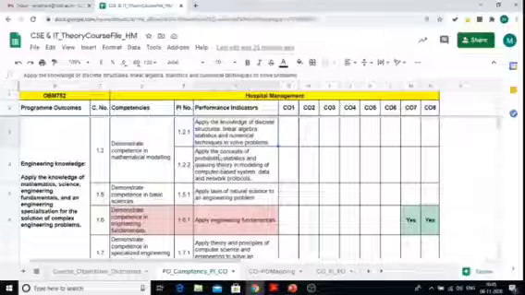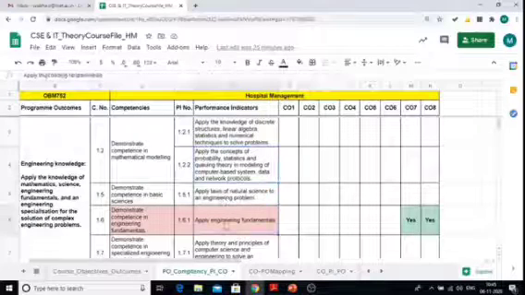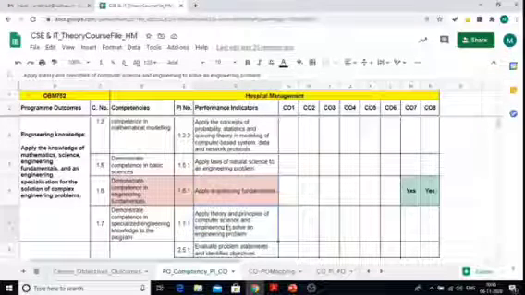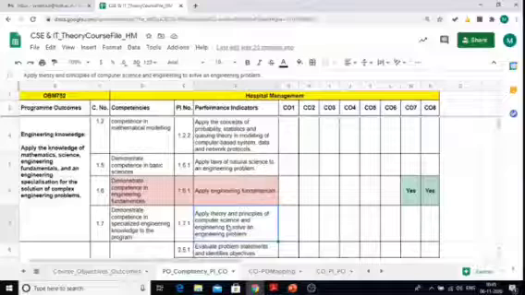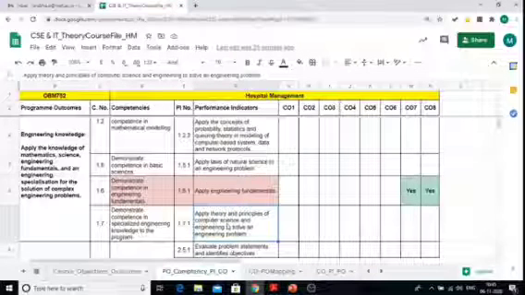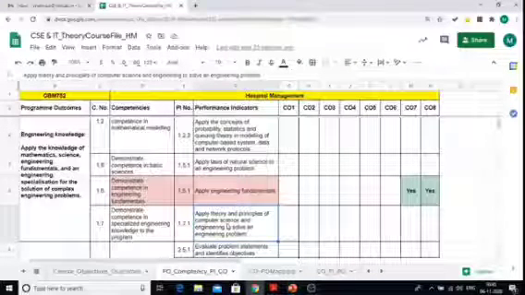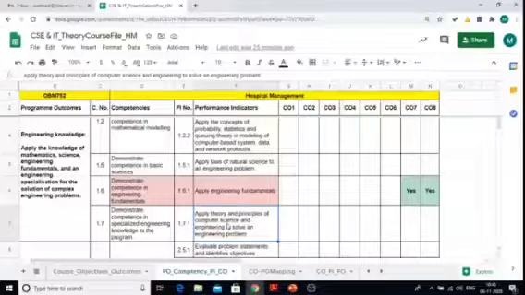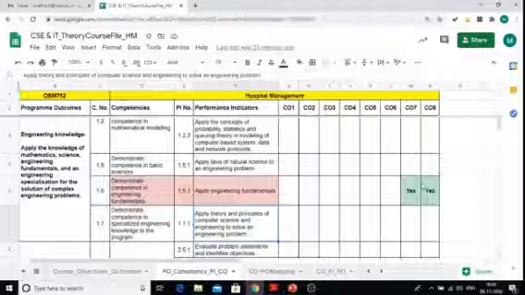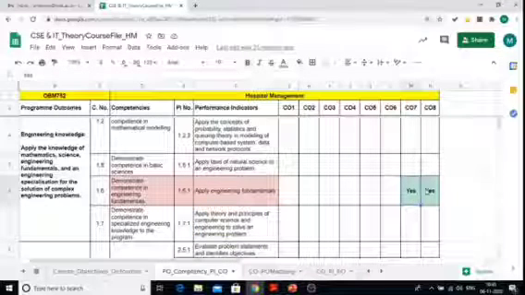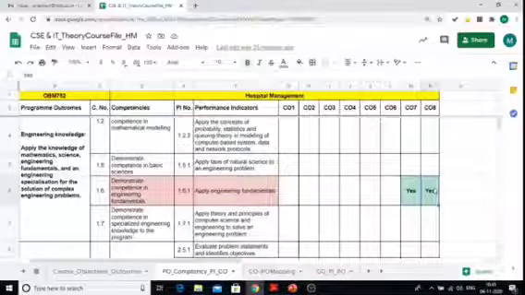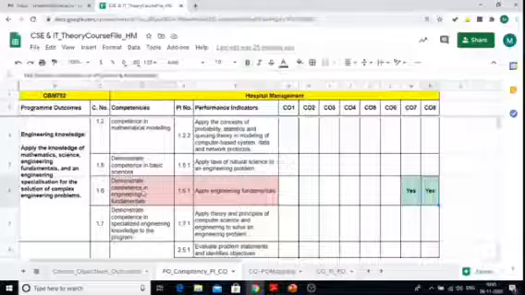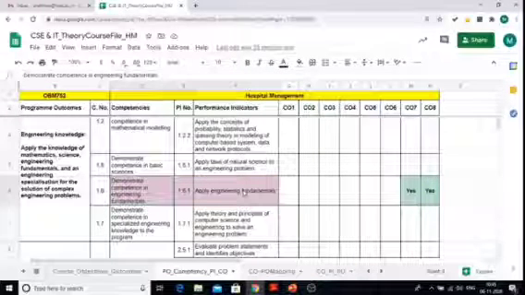Like 1, 2, 3, 4, 5. So there are 5 performance indicators which are contributing for PO1. Out of these 5, my CO7 and CO8 are mapping with one performance indicator.